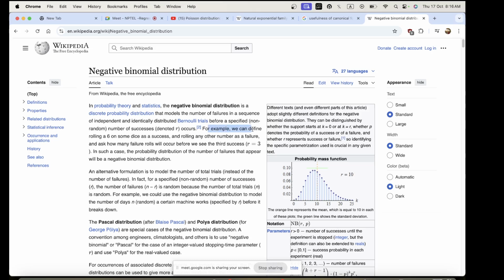So modeling such situations requires a negative binomial. What happens in binomial is that the number of trials is fixed. In negative binomial, we are modeling the number of failures before x number of successes occur.